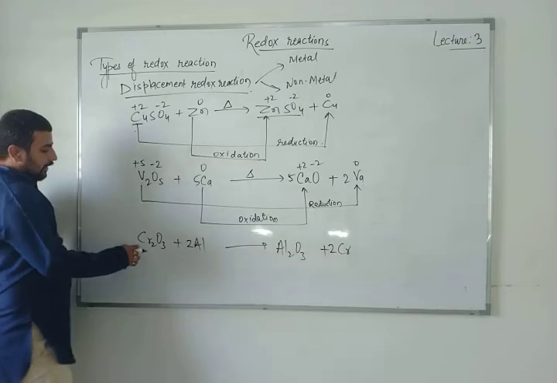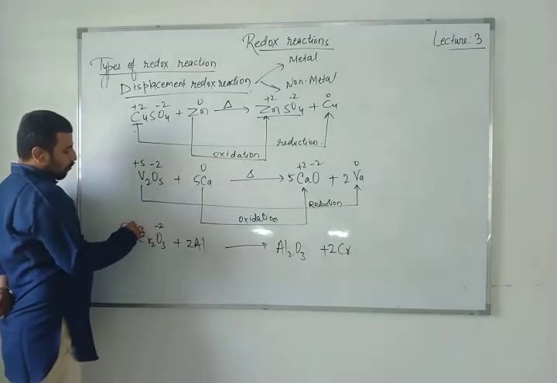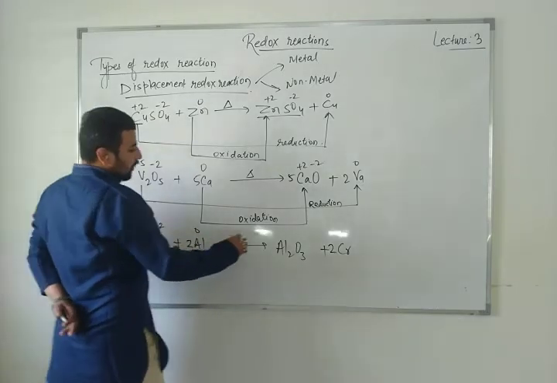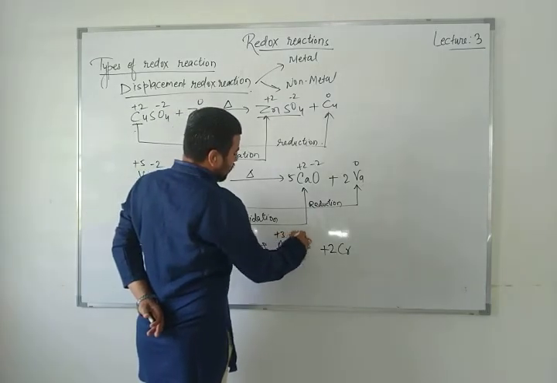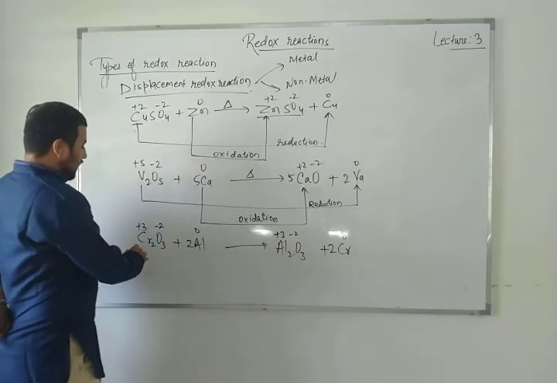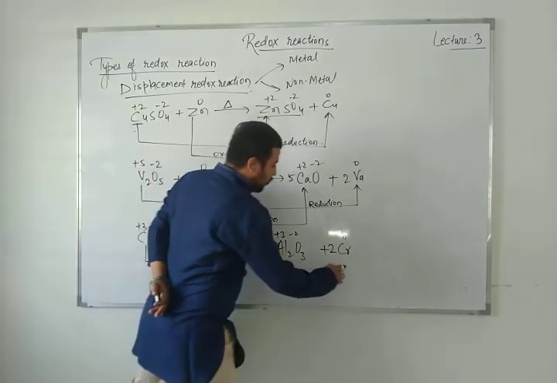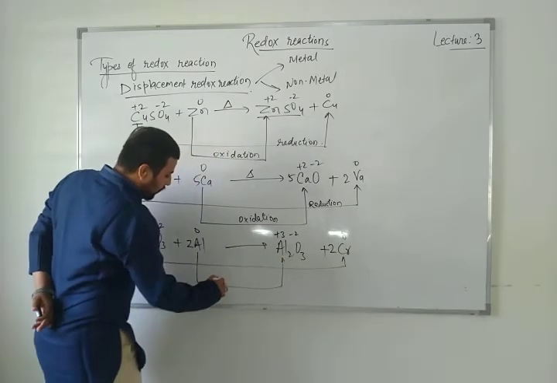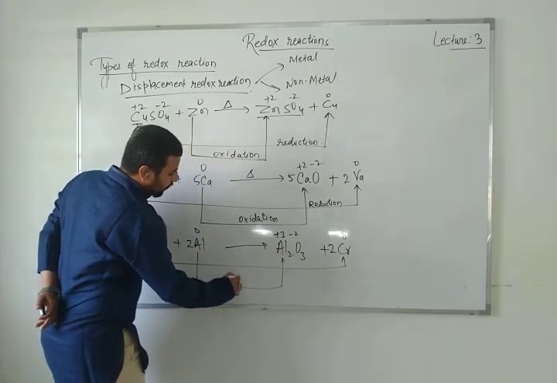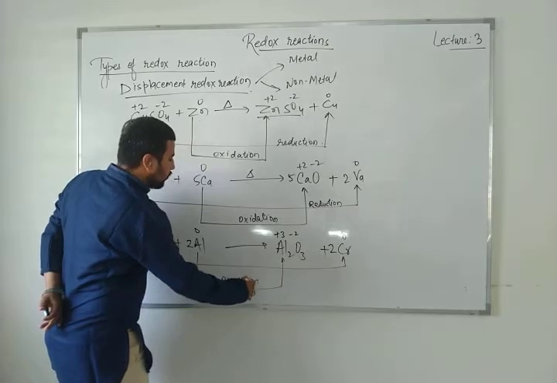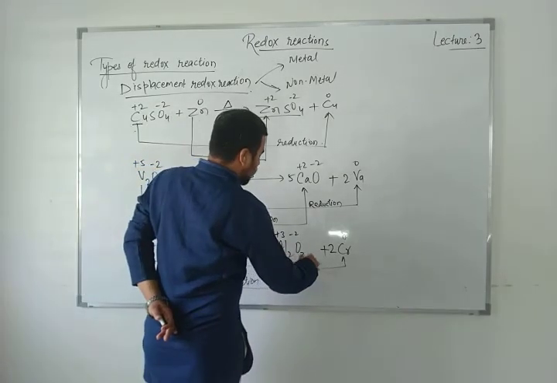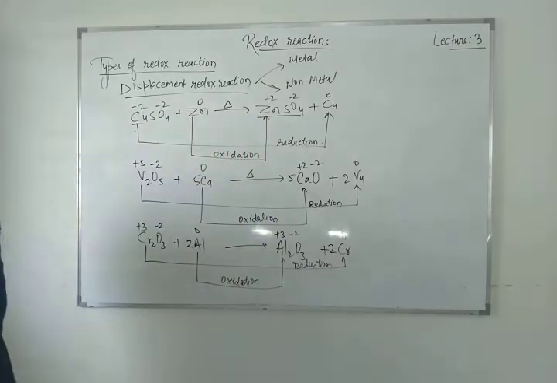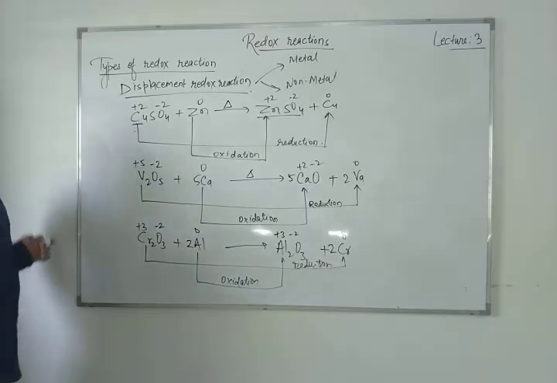Now here you can see +3 -2, and here 0. So you can see here +3 to 0, and here 0 to +3. So 0 to +3 is oxidation, and +3 to 0 is reduction. So we can say that this reaction is a metal displacement redox reaction.